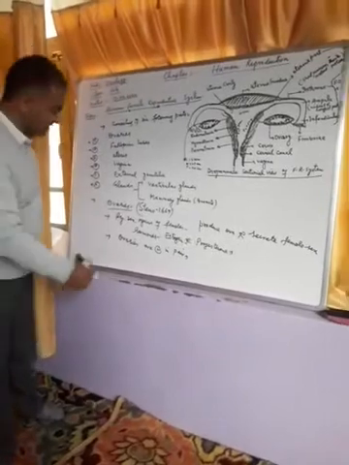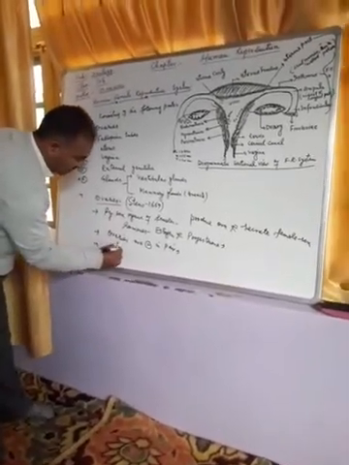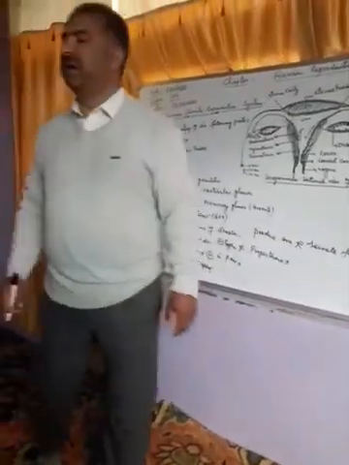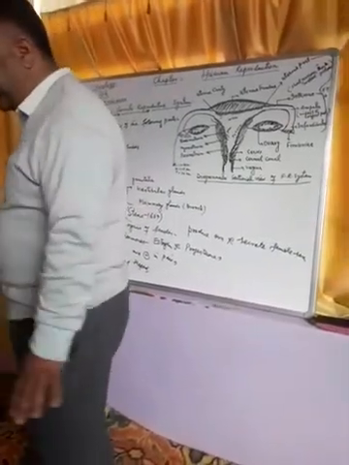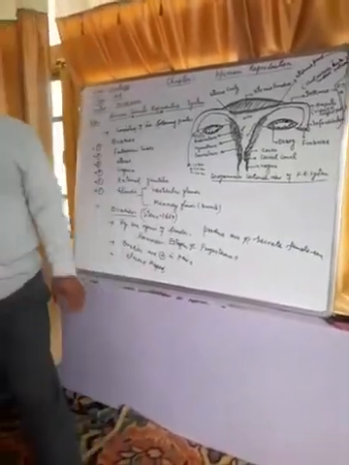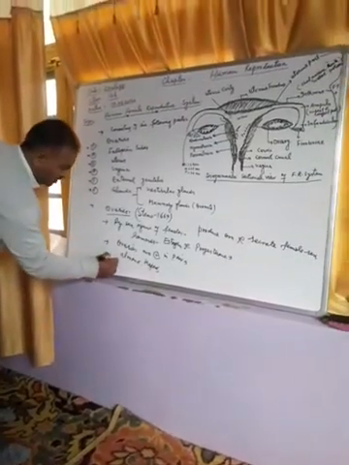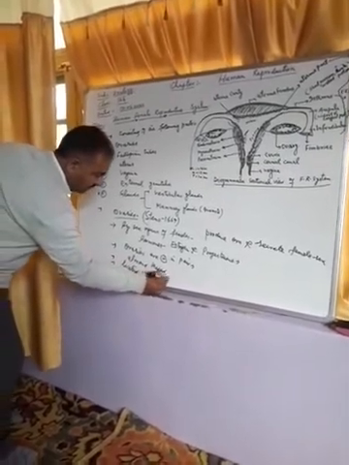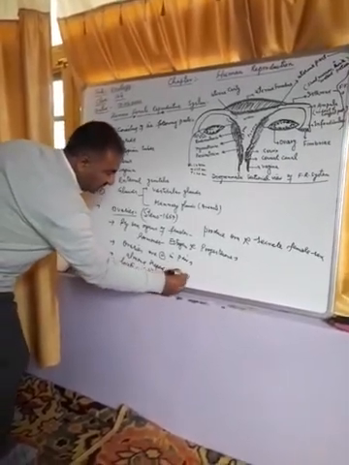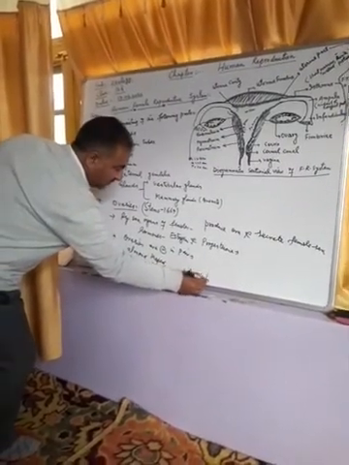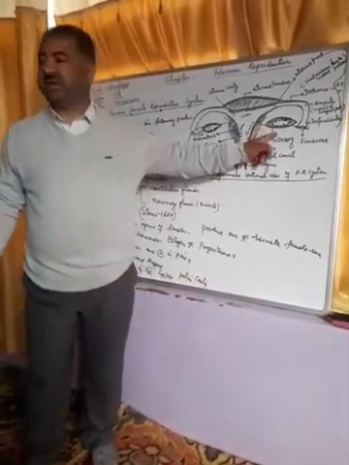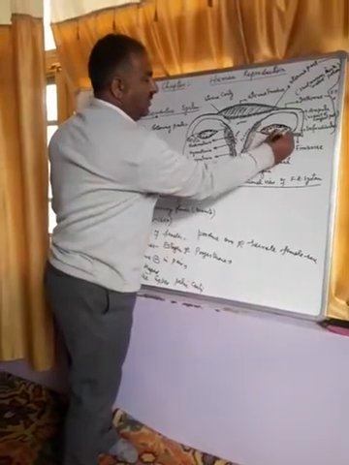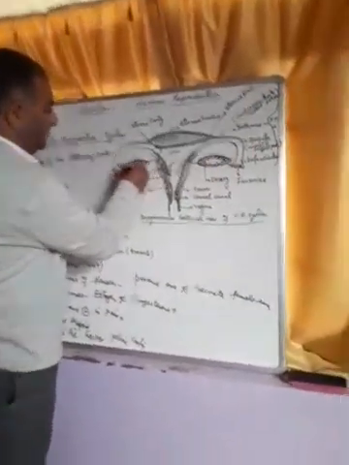So far as their shape is concerned, they are almond shaped, solid grayish pink gonads of the female, and are located in the upper pelvic cavity. Here you can see from the diagram, this is one ovary and this is another ovary, if it is visible to you.